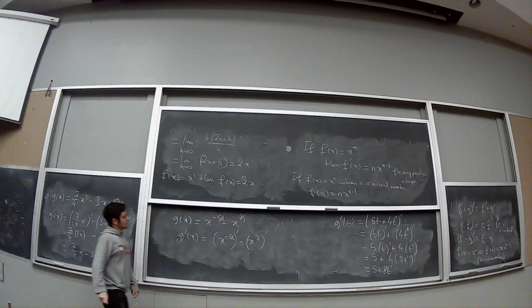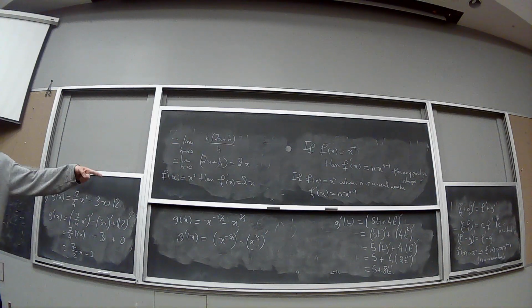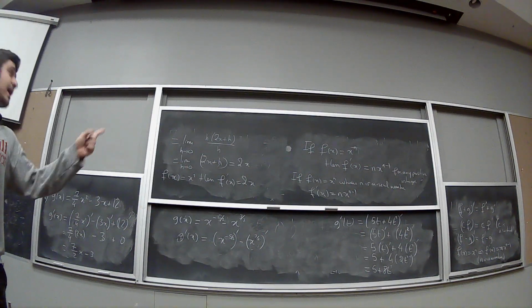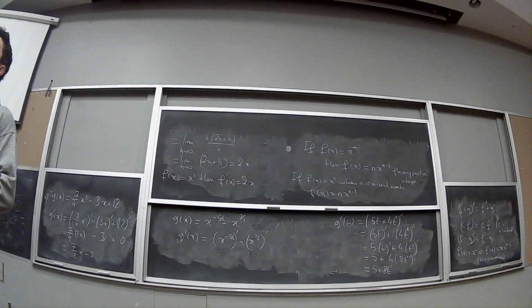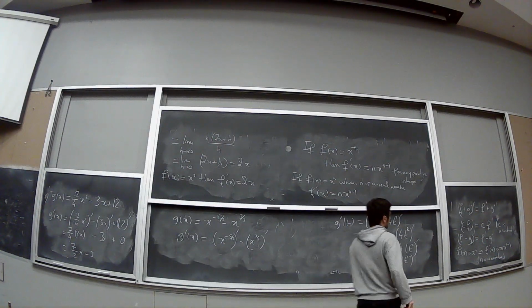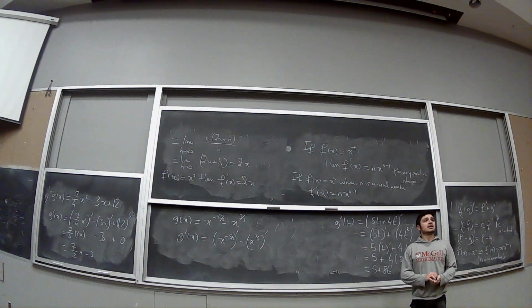Great. Now, where does this appear in my derivative rules? Let's look at this. x to the minus 5/2, x to the 3/2. How do I differentiate this? I try to use this law, right? What's the derivative of x to the n?